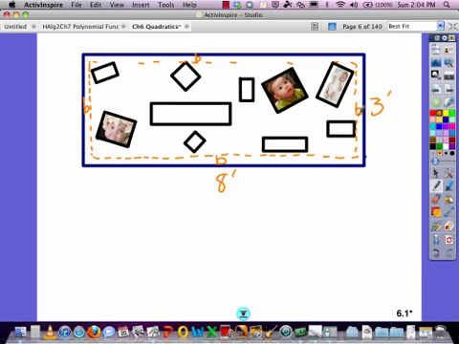Okay, so we want the area of the space where the pictures can be hung, not the area where the border is at. So let's go back and say, okay, wait a minute. We have a rectangle. That's the outside of our board is the blue. We have the yellow, which represents the space the border takes up. And we needed to basically find out what's left. So here we go.